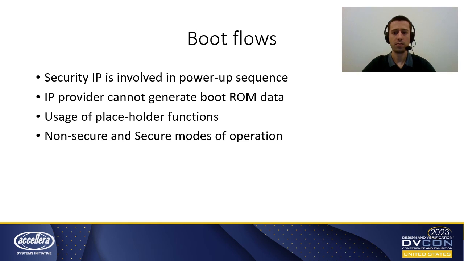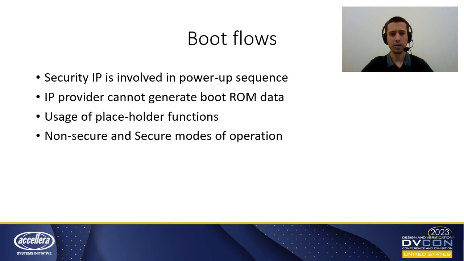Now we have to understand that this power up sequence executed by the security unit is done from the boot ROM code, which means that we need to preload the boot ROM with specific data. You may say that we can easily just get the same ROM data that the IP provider used for their block level verification.